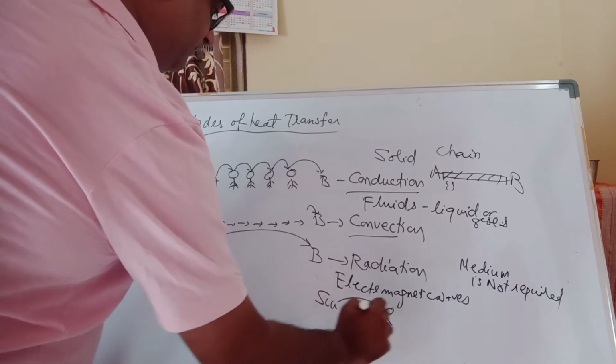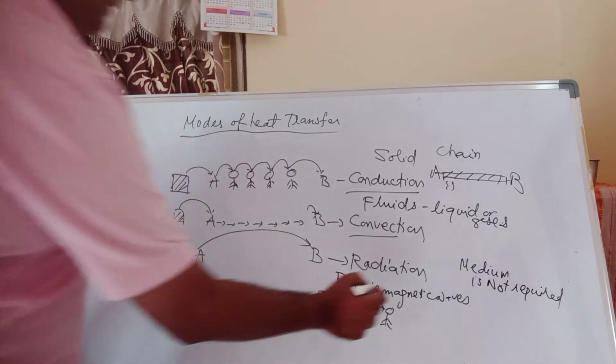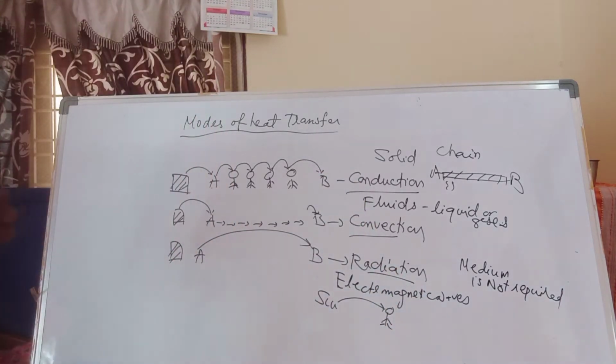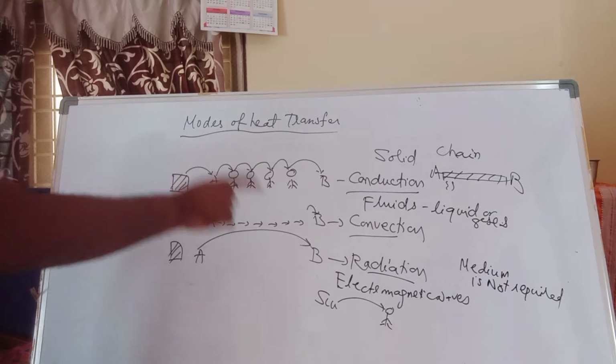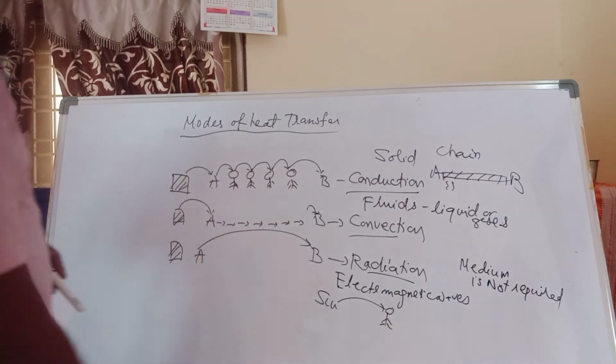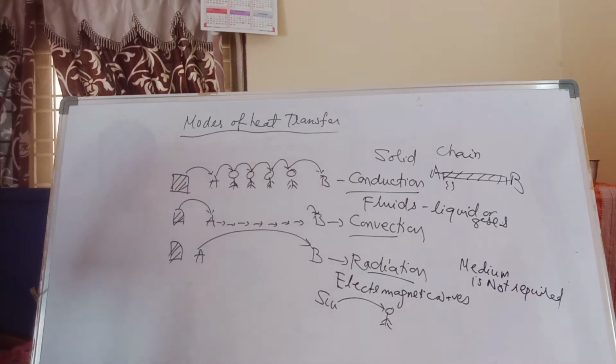You're getting heat from the sun in the form of radiation. You might have heard of UV radiation and all those things. So this is the form of radiation where there is a direct transfer and no medium is required. The travel speed will be the speed of light. That is why the radiation from the sun reaches you in such a fast way. Okay, these are the basic three modes of heat transfer.